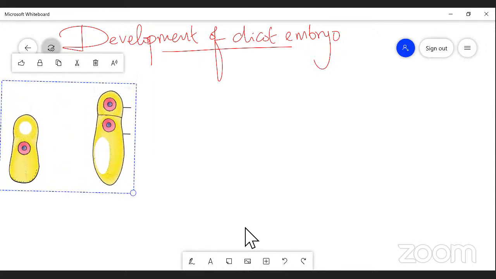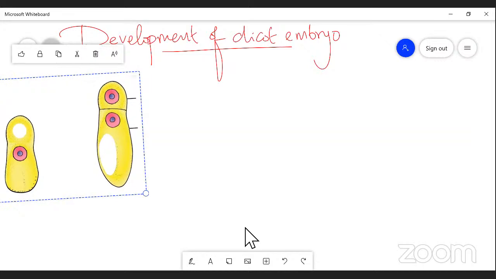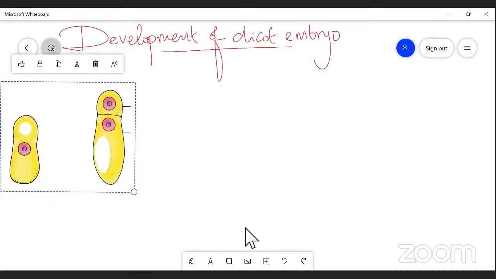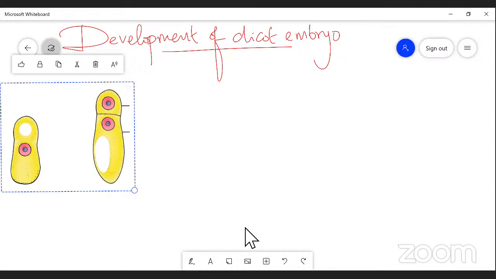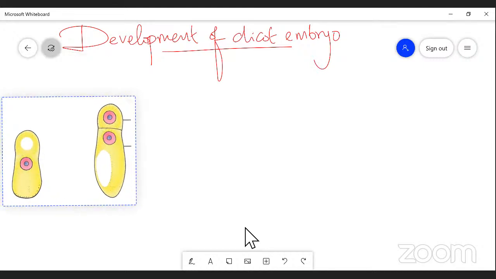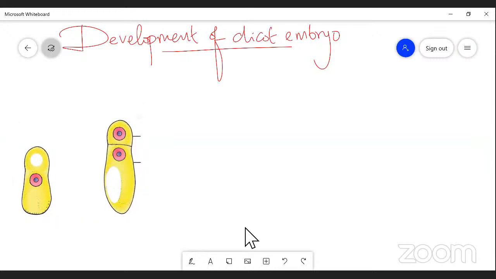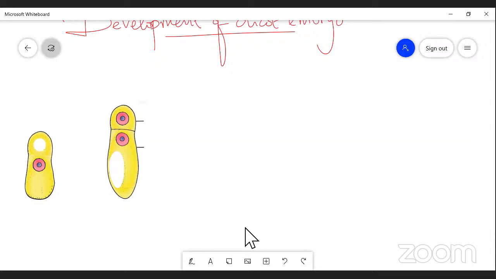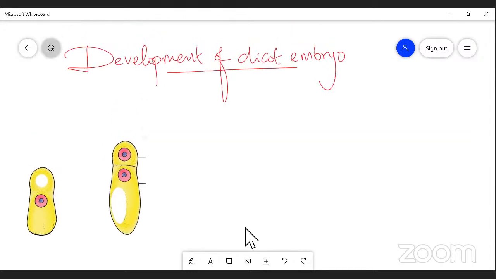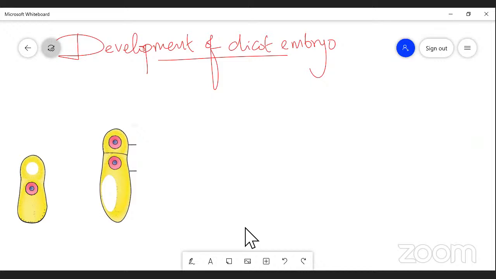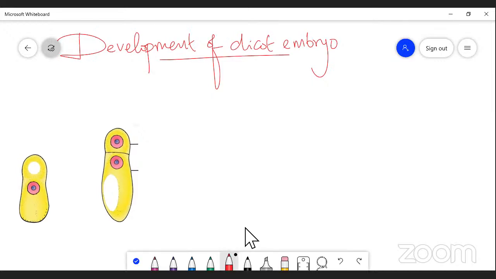It is a stage that you find, it is a zygote. Zygote is always a diploid stage.